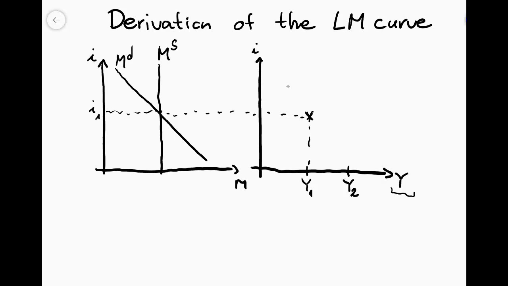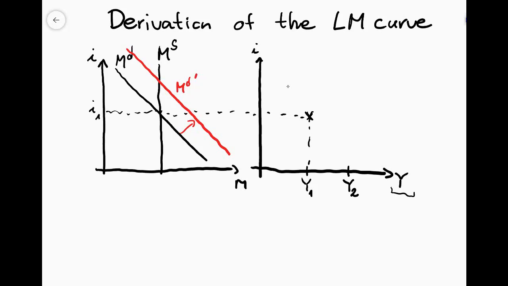This is going to appear as an exogenous shock in the money market. Higher Y means that there are more transactions which should be made in the economy, so accordingly the money demand must increase for any level of interest rate, and this is nothing else than a shift in the money demand curve to the right.